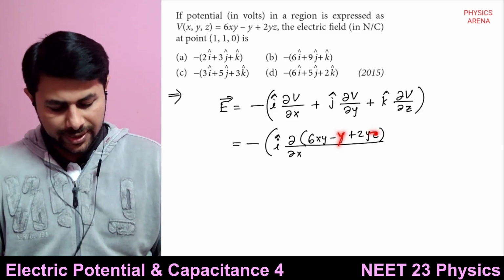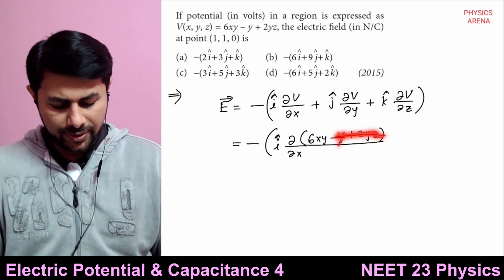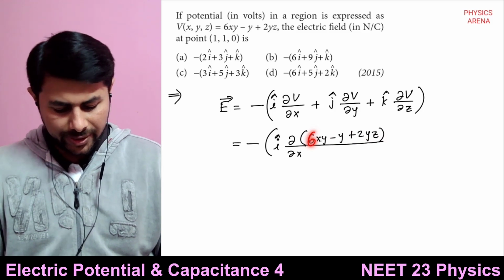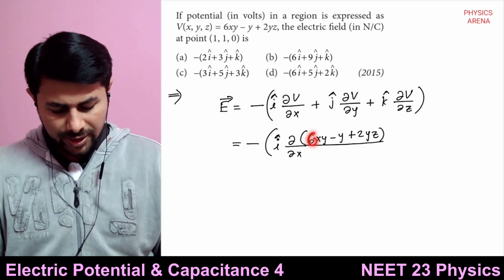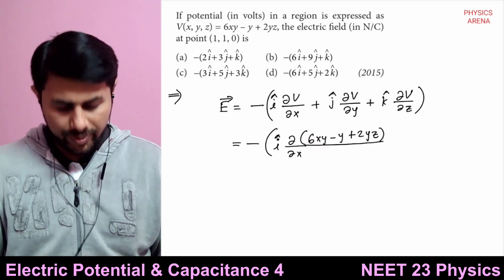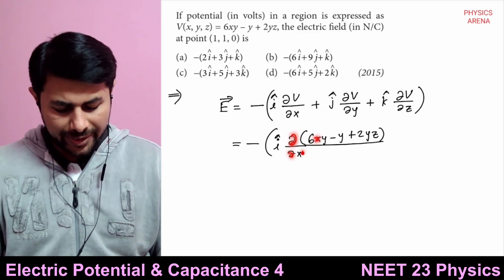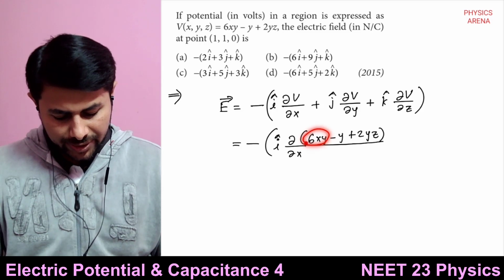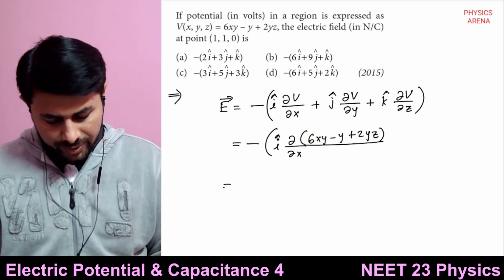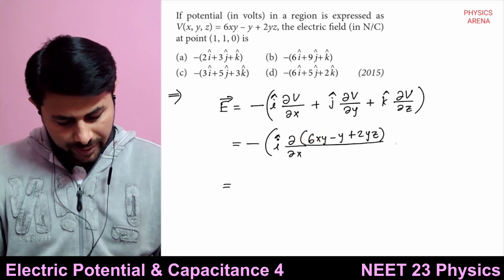So y is constant, z is constant. These two terms are constant. The 6y we can take outside because it's a constant. Then dx by dx is 1. So this derivative is just 6y. This is the first one.